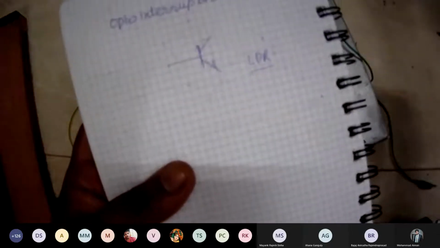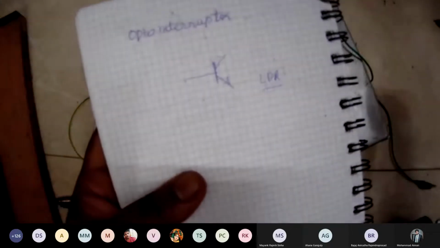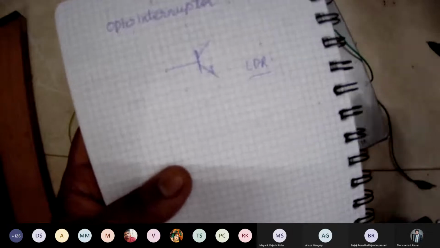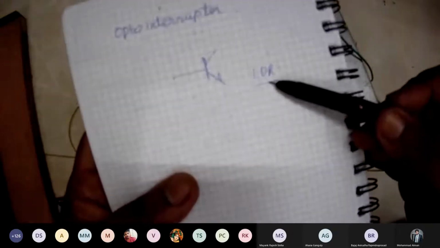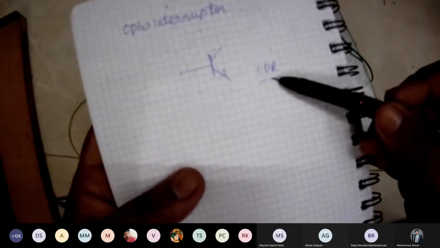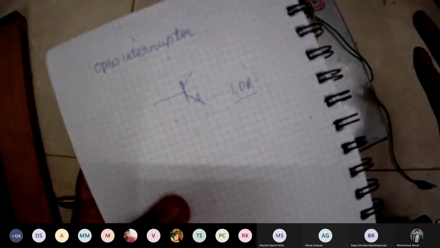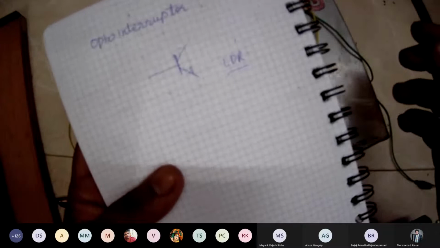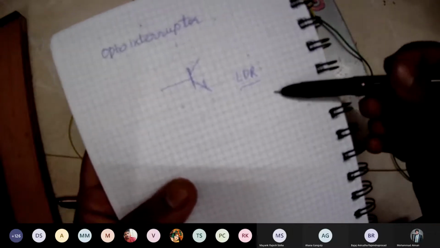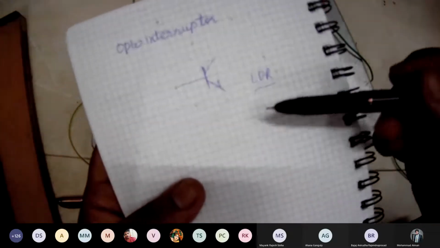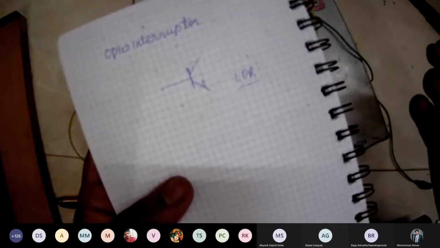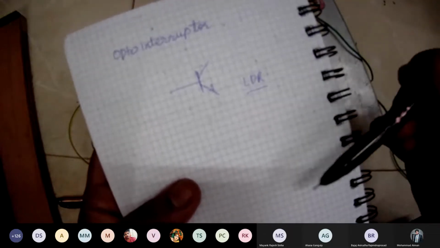Has someone encountered an LDR? Yes, sir. Light dependent resistor, right? An LDR can be called a very primitive optical component, because depending on the intensity of light at a given wavelength, the resistance will change.